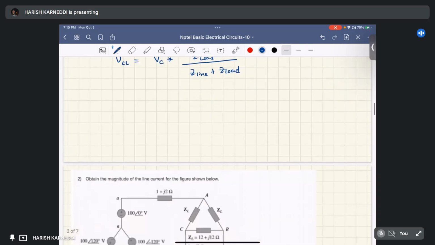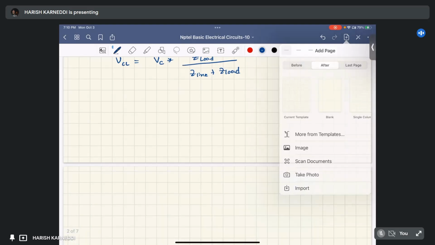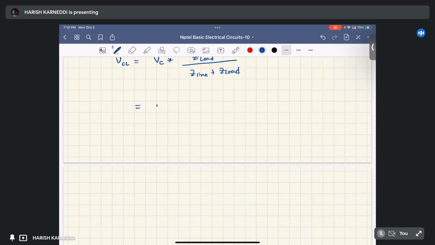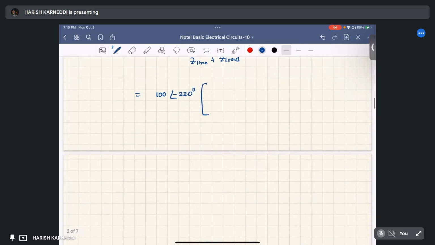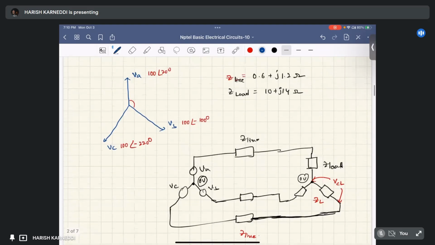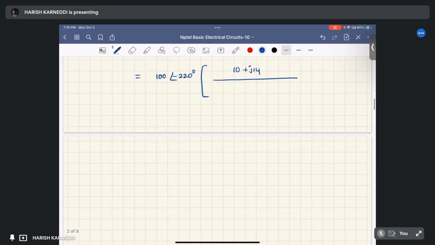So here we can add one more piece. Yeah, here VC equal to 100 at an angle of minus 220 degrees. Z load equal to, what is given? Z load equal to 10 plus j14, right? It is 10 plus j14 by, what is Z line? Z line equal to 0.6 plus j1.2 plus 10 plus j14, right?